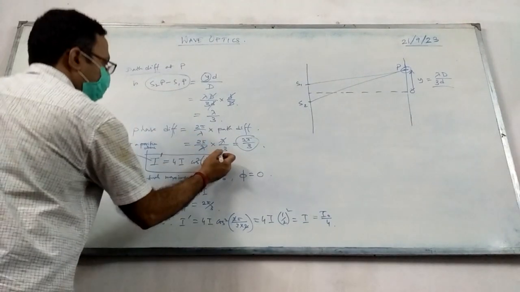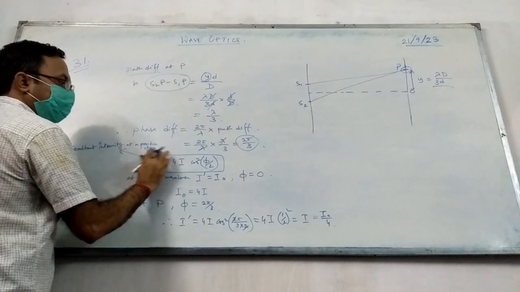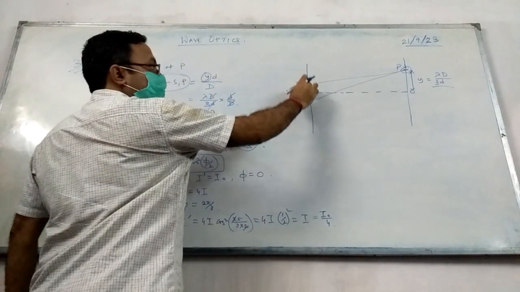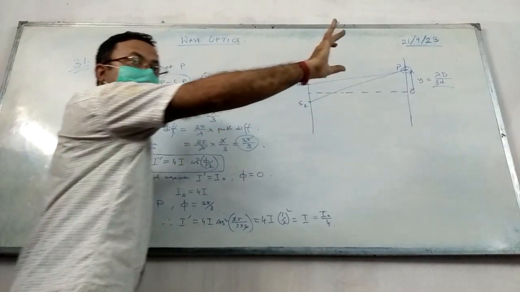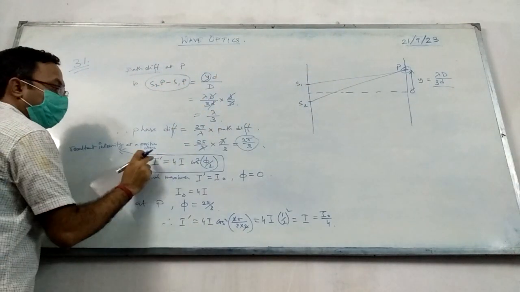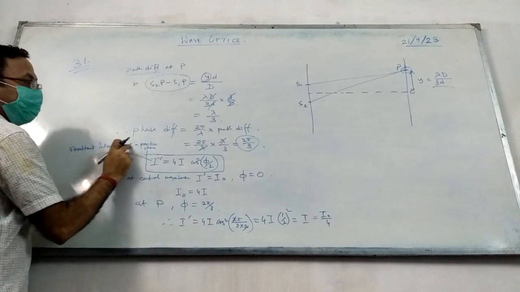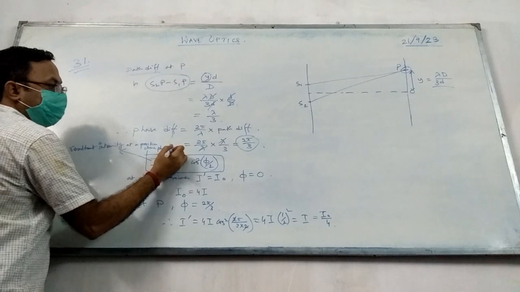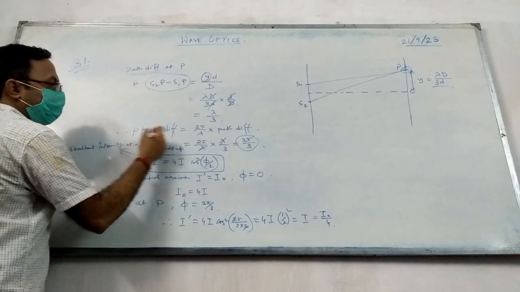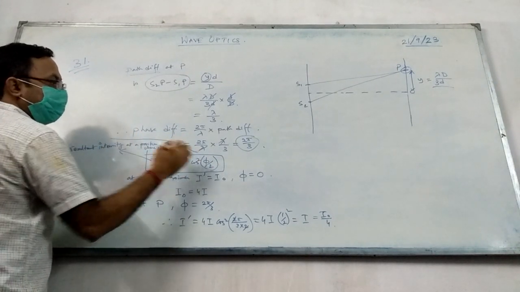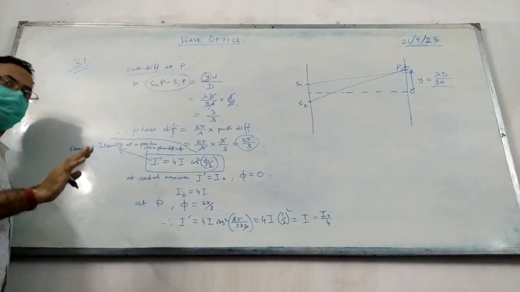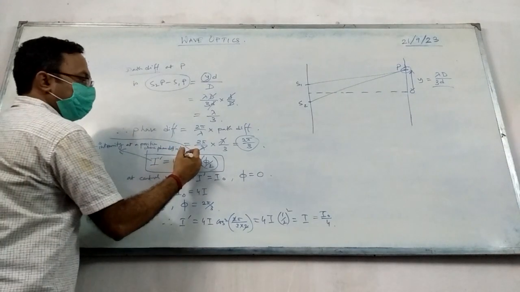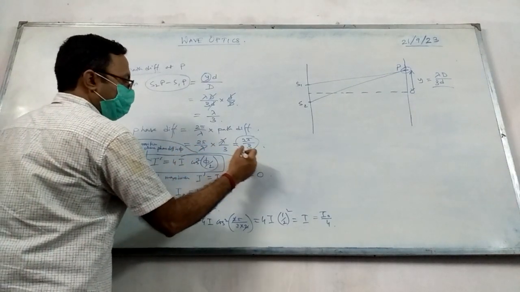See, this formula can be used as a standard equation when solving sums. If the interfering waves have got the same intensity, meaning S1 and S2 have got the same intensity, then you can use this formula. I dash is the resultant intensity at a point where the phase difference is phi. And I is the intensity of the original wave.